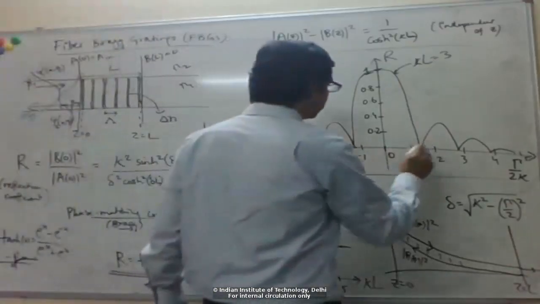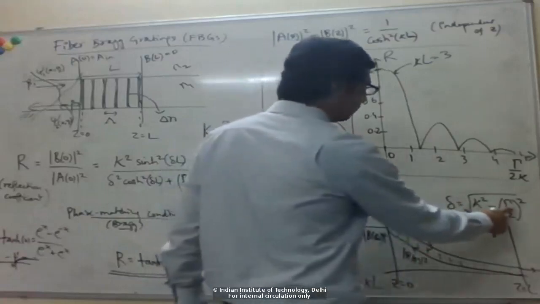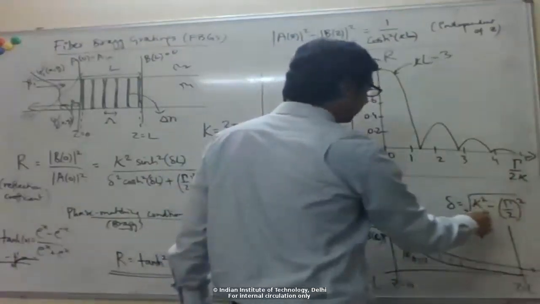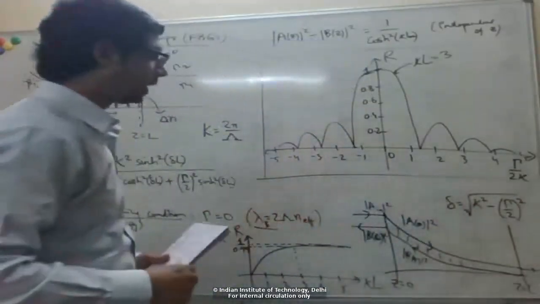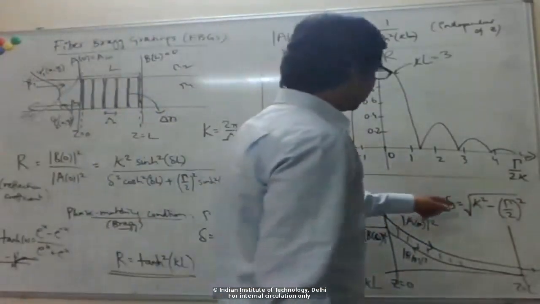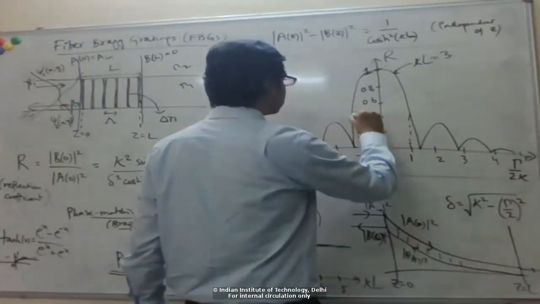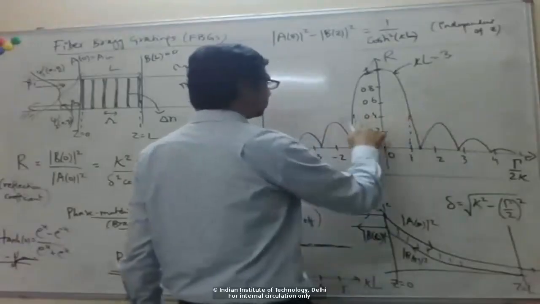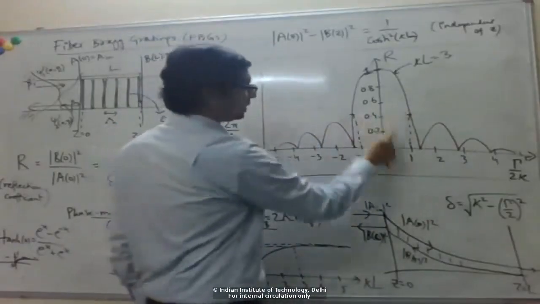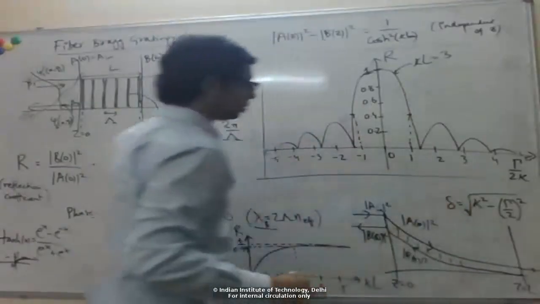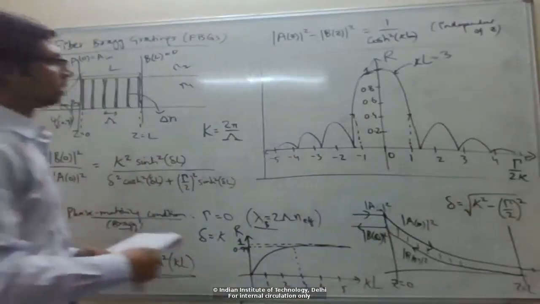What happens is, you can see that when gamma over 2 kappa becomes 1, this delta becomes 0. Within this range, delta is positive, and we have these hyperbolic functions.